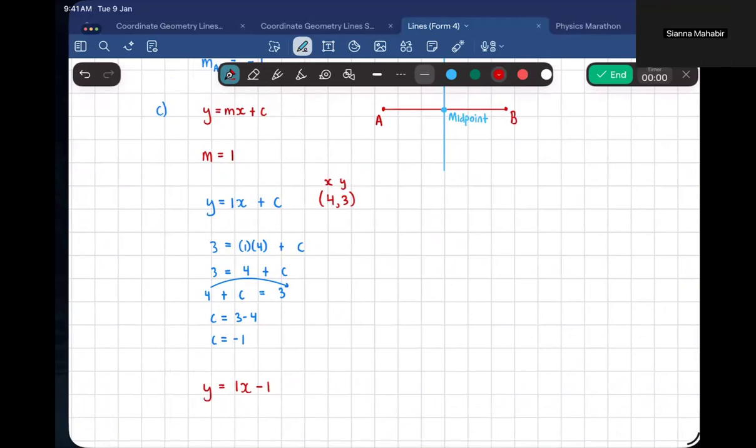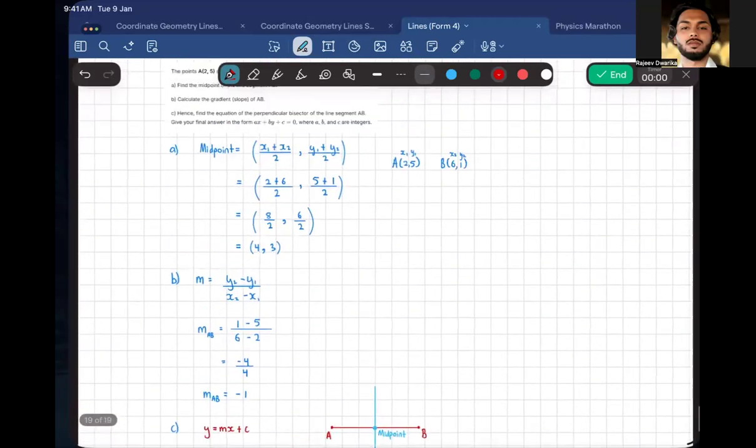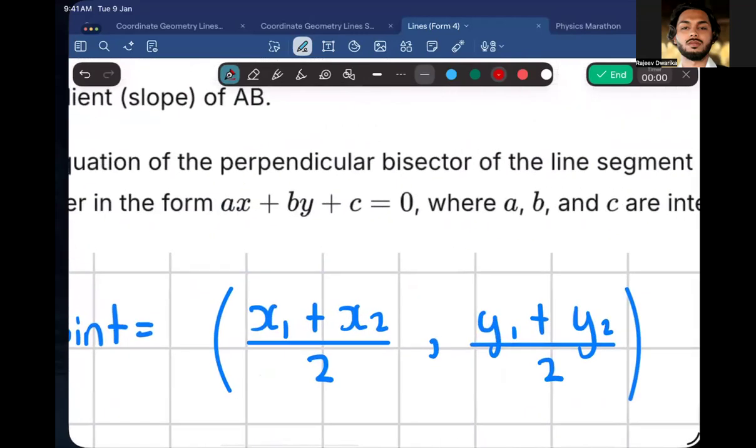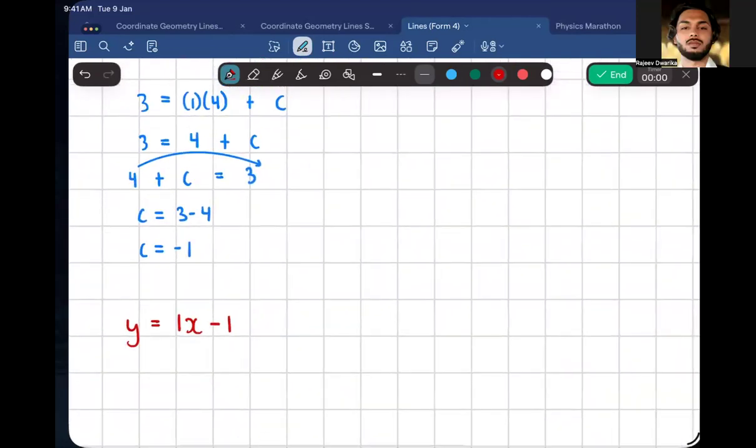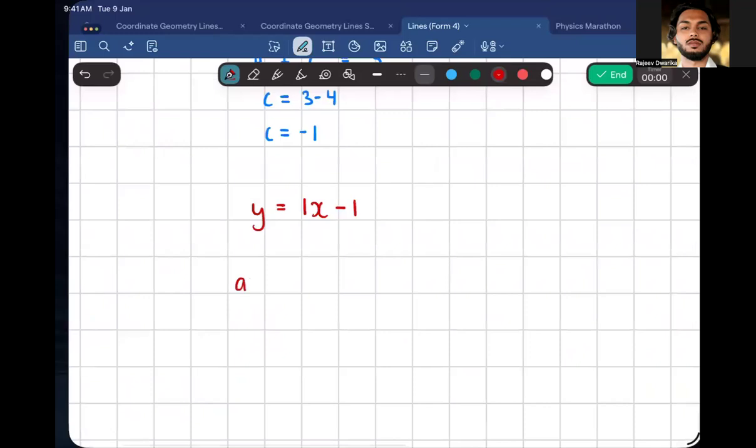Nice. But is that the form that they want the answer in? No. They want the answer in the form ax plus by plus c is equal to 0.